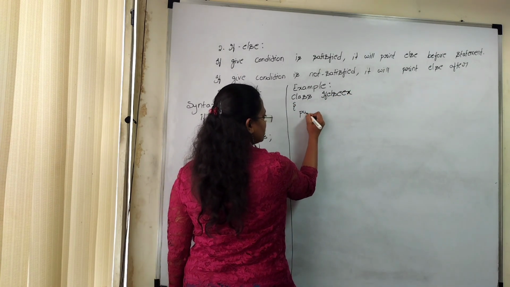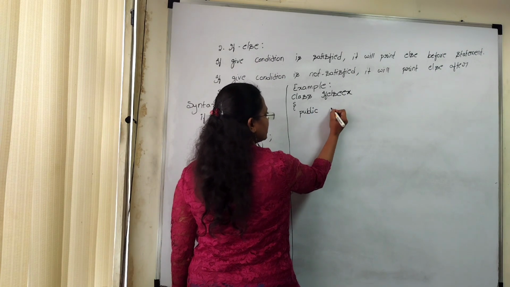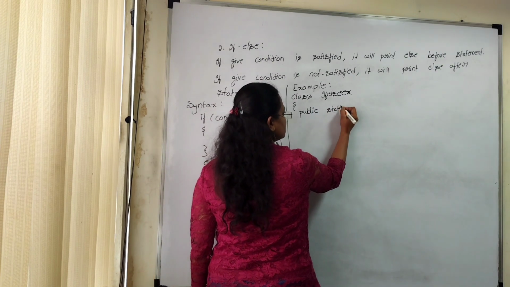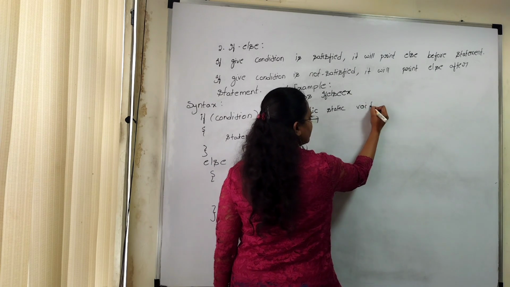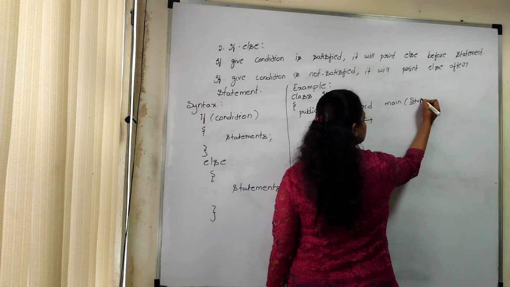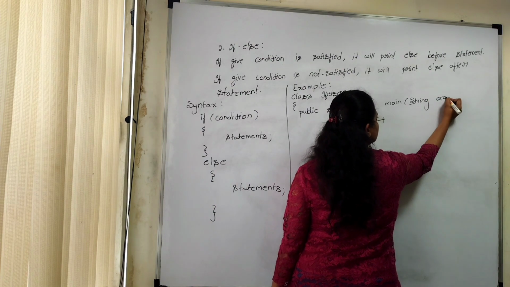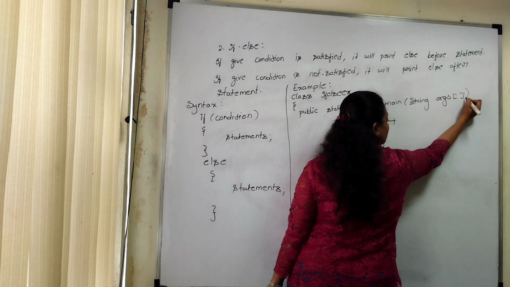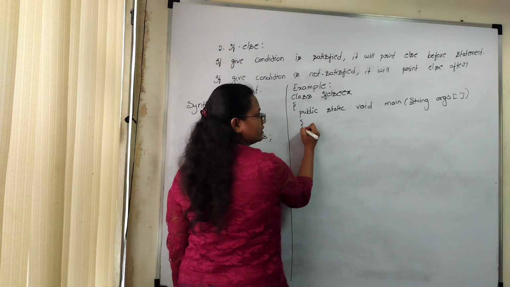Now you need to write down the main method, right? So here you are taking public static void main of String args. This is your main method, okay.